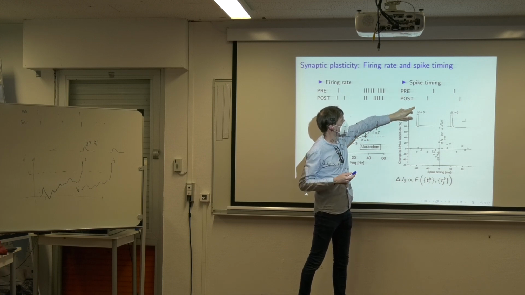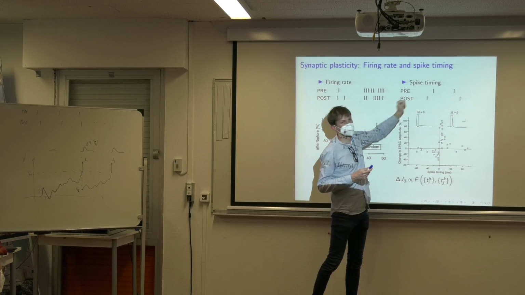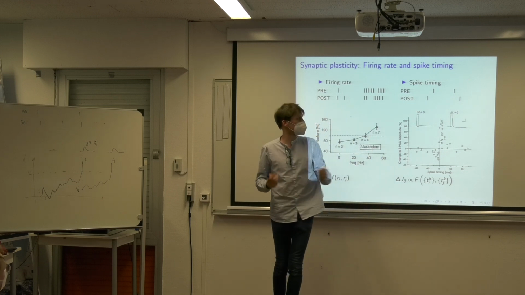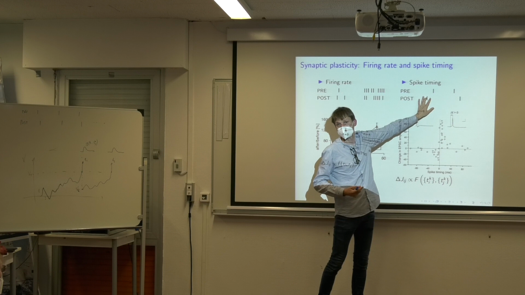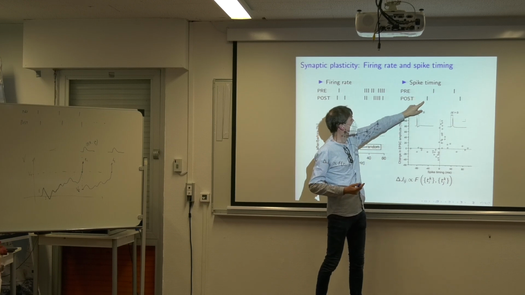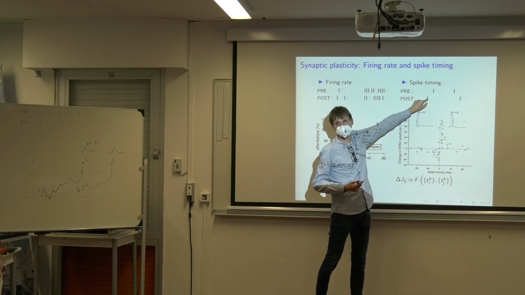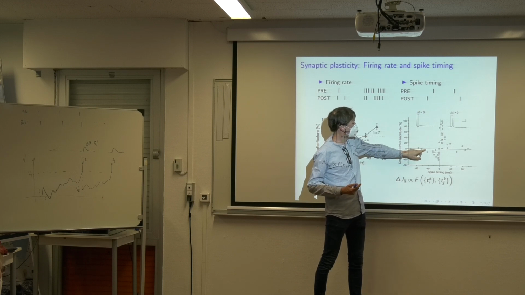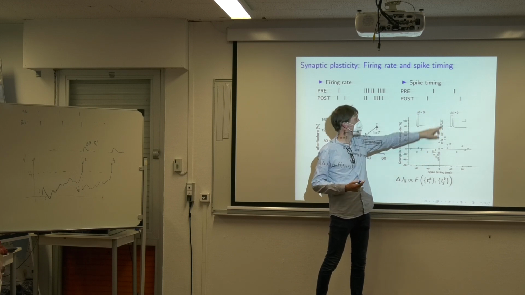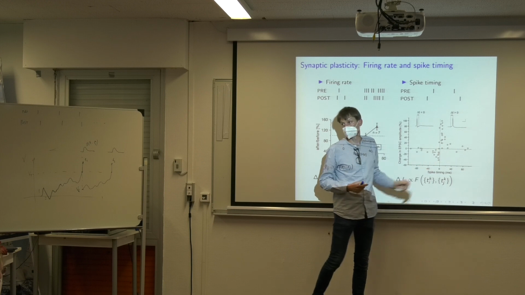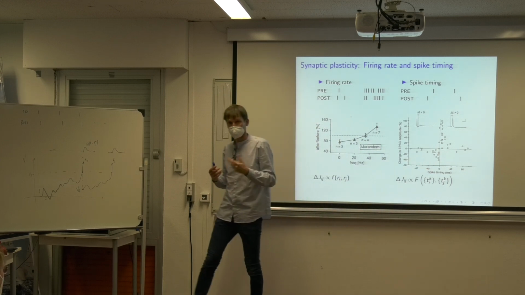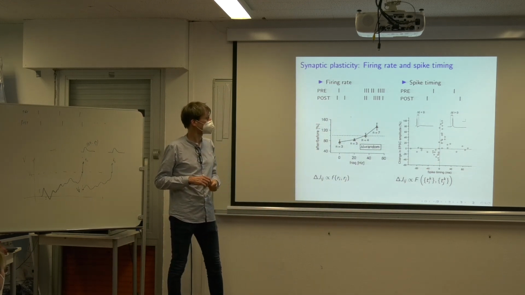You're activating pre and post-synaptic single action potentials with a fixed delta t, the time difference between the two. When delta t is negative, so post before pre, then typically the synapse goes down. When pre before post, the synapse goes up. So that's called the spike timing dependent plasticity protocol.